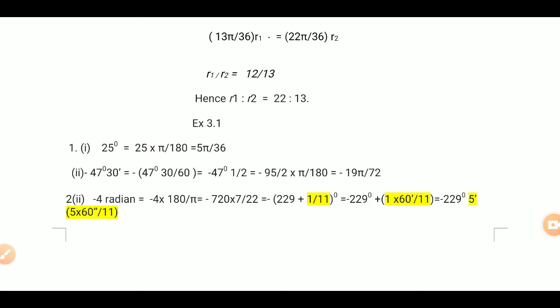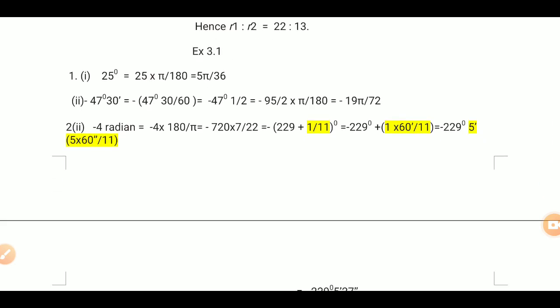In question 2, you have to convert radian to degree measure. There is a part, minus 4 radian. You have to multiply minus 4 by 180 upon pi. Put the value of pi, we get it is minus 720 into 7 upon 22.